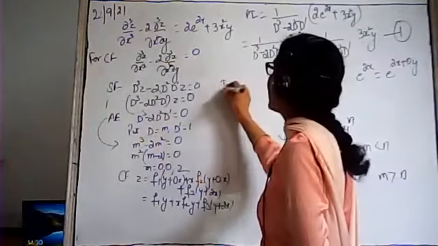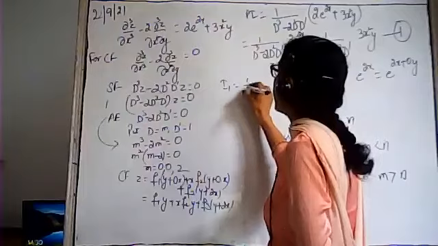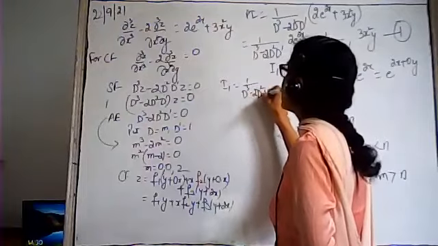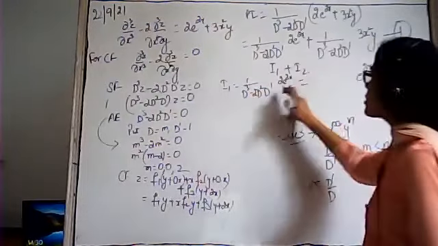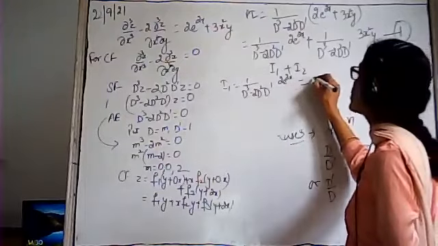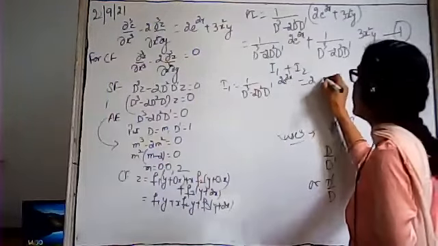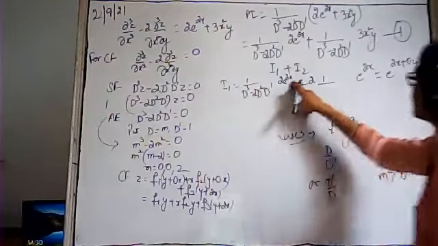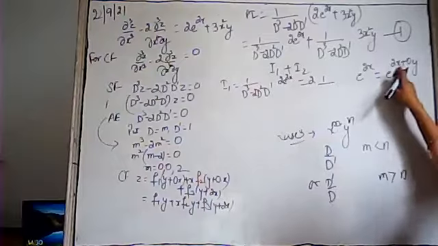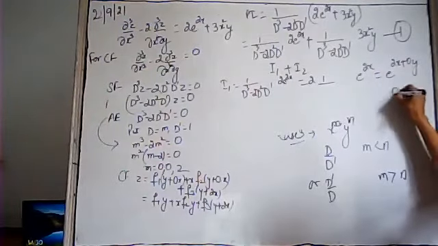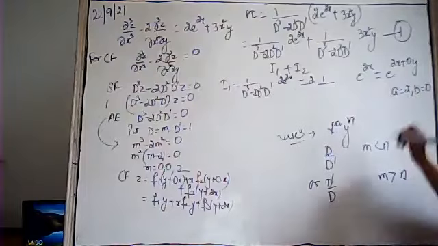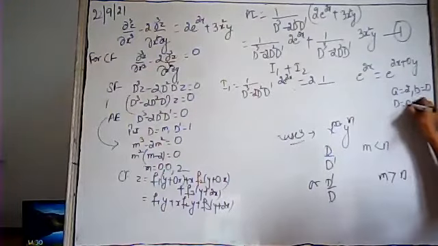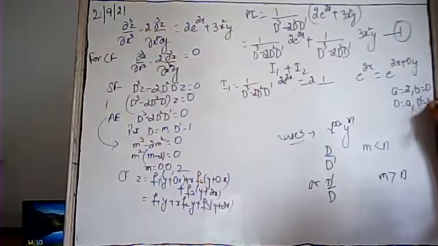I1 is 1/(D³ − 2D²D') 2e^(2x). 2 is constant, it can be taken outside. Now e^(2x) can be written as e^(2x+0y). It means the value of a is 2 and the value of b is 0. We are to replace D with a and D' with b.